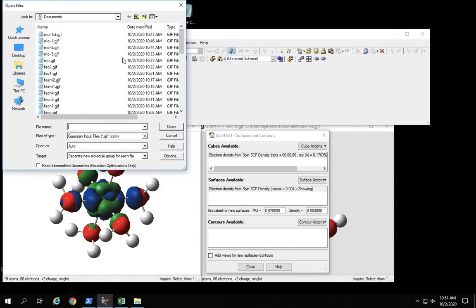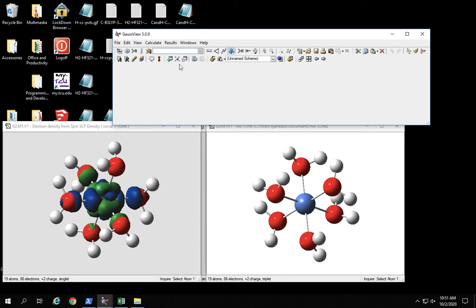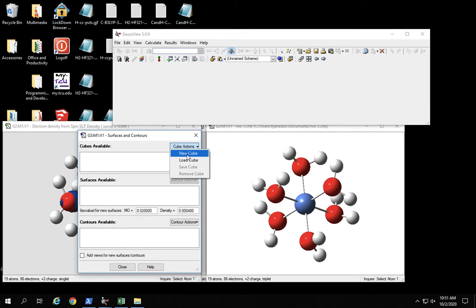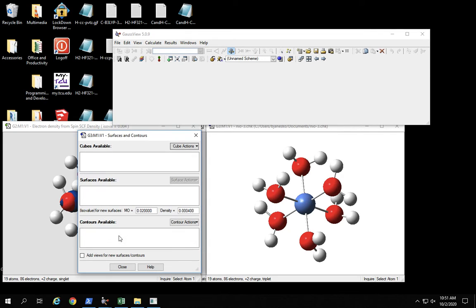Just to compare side by side, here's the high spin complex that we looked at before. We're going to remake this spin density cube here. Use the same density cutoff to look at a surface.